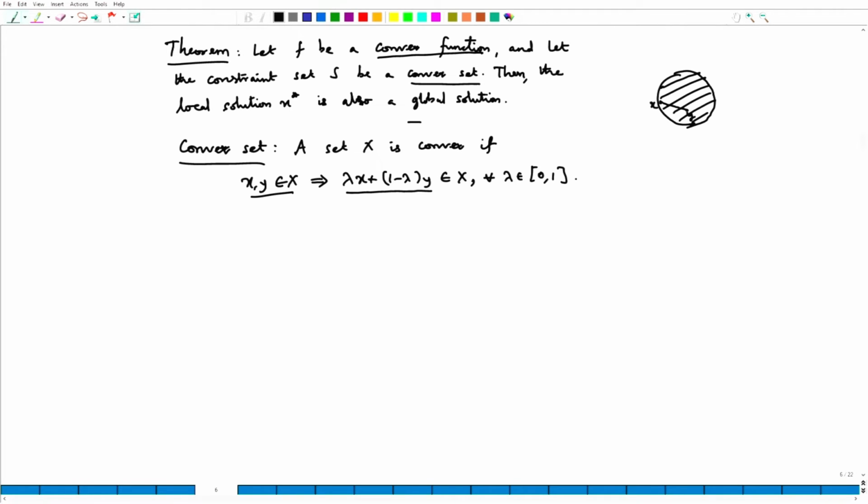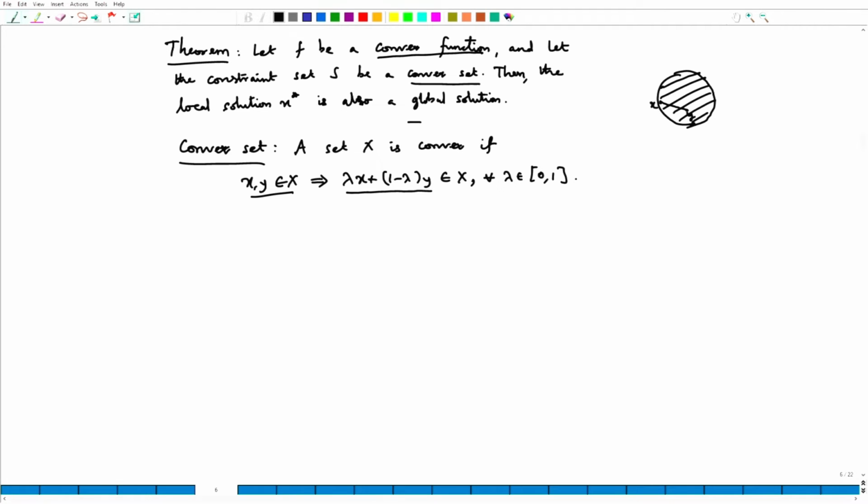So, you can see that when you put lambda equal to 0, you get the point y, and when you put lambda equal to 1, you get the point x. If you put anything in between, let us say lambda equal to half, you get the midpoint x plus y by 2, and similarly you can get all the other points if you put the appropriate values of lambda.